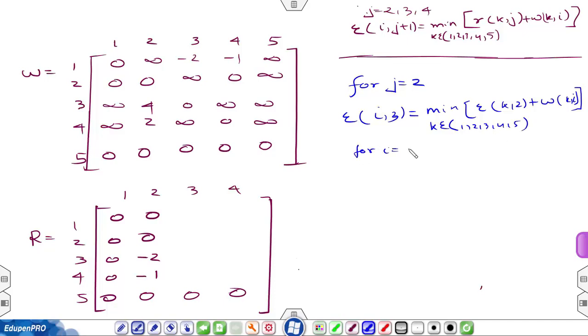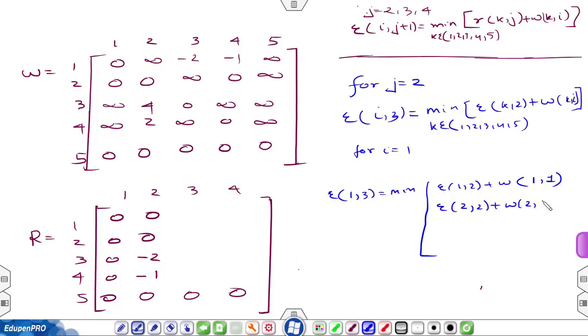So for i equal to 1, R of 1 comma 3 will be given by the minimum value of R of 1 comma 2 plus w 1 comma 1, or R of 2 comma 2 plus w 2 comma 1, R of 3 comma 2 plus w 3 comma 1, R of 4 comma 2 plus w 4 comma 1, or R of 5 comma 2 plus w 5 comma 1.